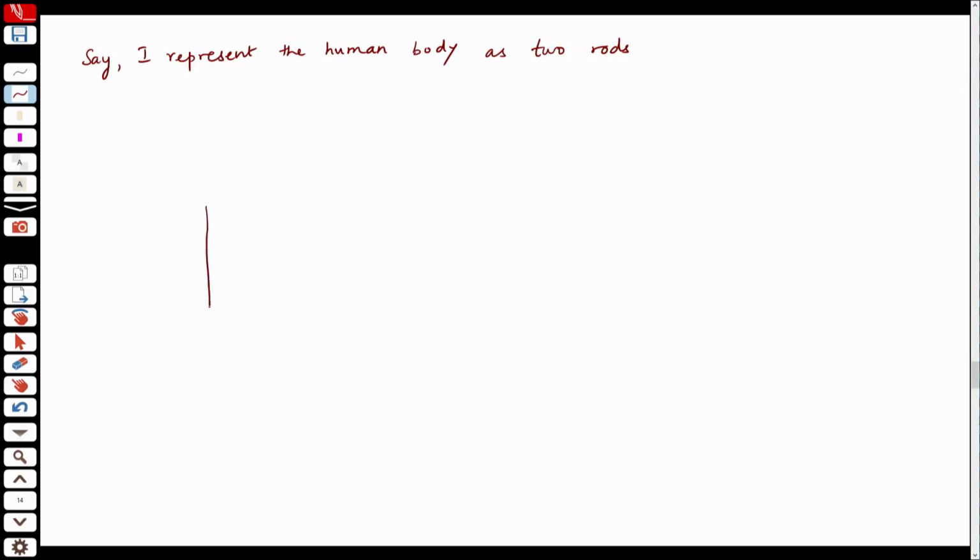So, for instance, I say this is one particle connected by a joint. So, remember in these kind of diagrams an open circle typically represents a joint, whereas a solid one like this usually represents the mass concentrated at that point.